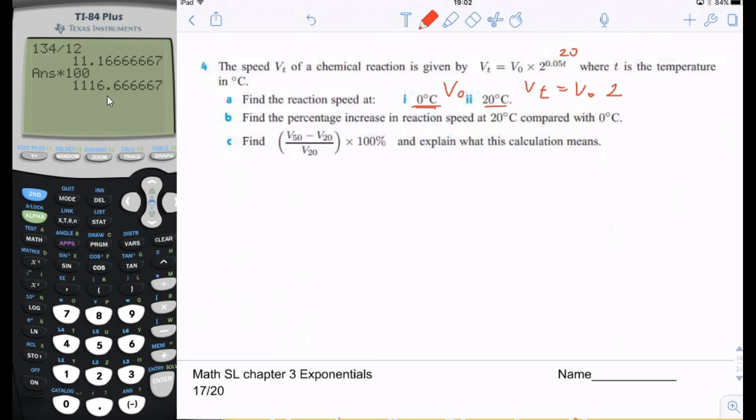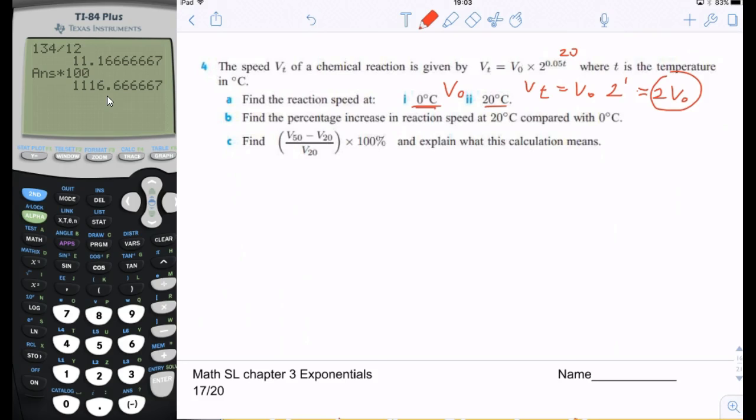So actually it's 2 to the first, okay? So at 20 degrees, v subscript t is equal to 2 times the speed of the chemical reaction at 0 degrees. Okay, so at 20 degrees, the speed is twice the original speed.